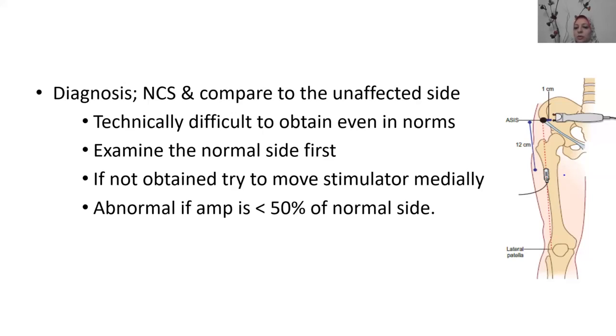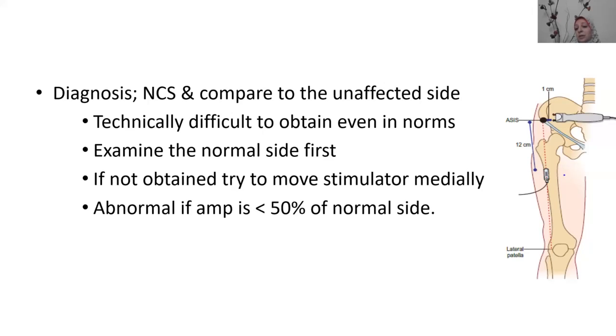If we couldn't obtain a response at this site of stimulation, we could move the stimulator either medially or laterally to the anterior superior iliac spine, as there is a normal variation in the course of the nerve in normal individuals.